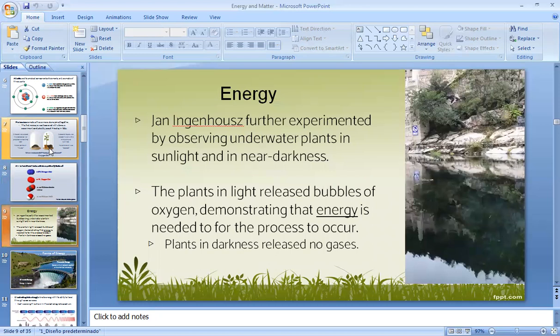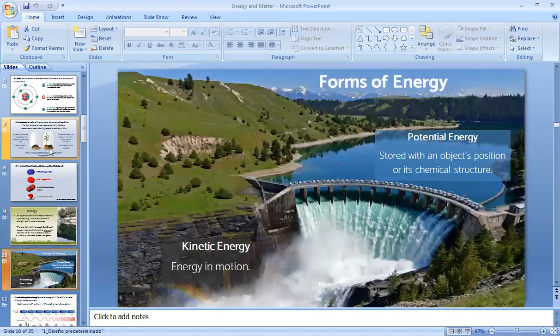John Ingenhousz further experimented by observing underwater plants in sunlight and in near darkness. The plants in light released bubbles of oxygen, demonstrating that energy is needed for the process of photosynthesis to occur. The plants in darkness released no gases.